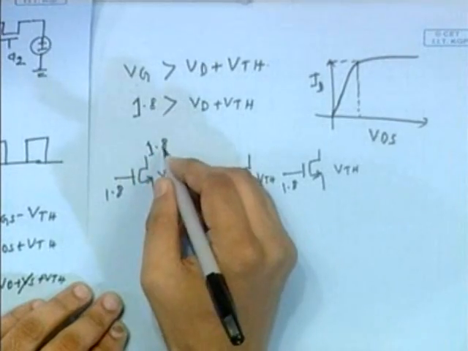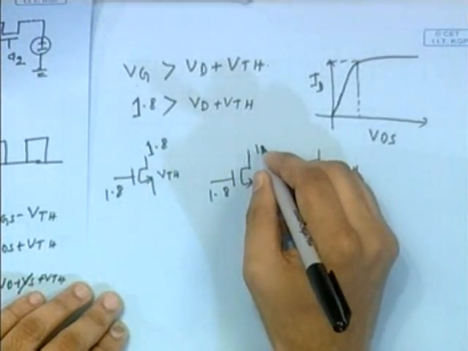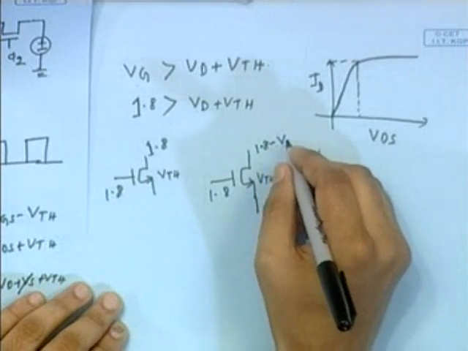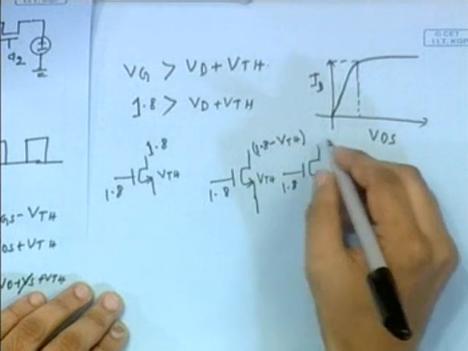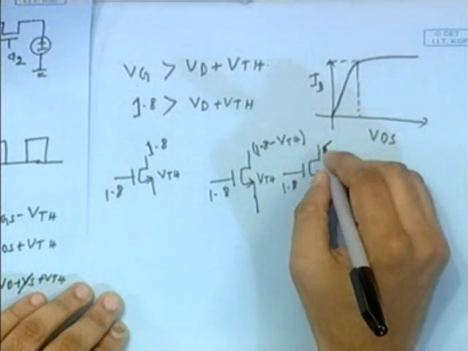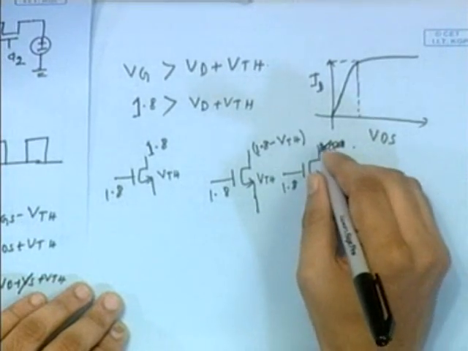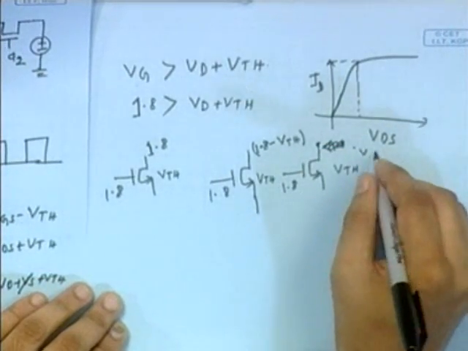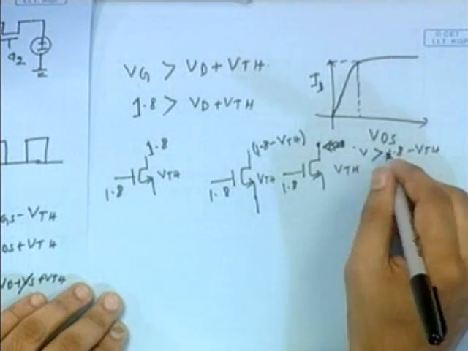I have applied 1.8 here, so for this one 1.8 minus Vth, and this potential V is less than 1.8 minus Vth. Three different conditions.